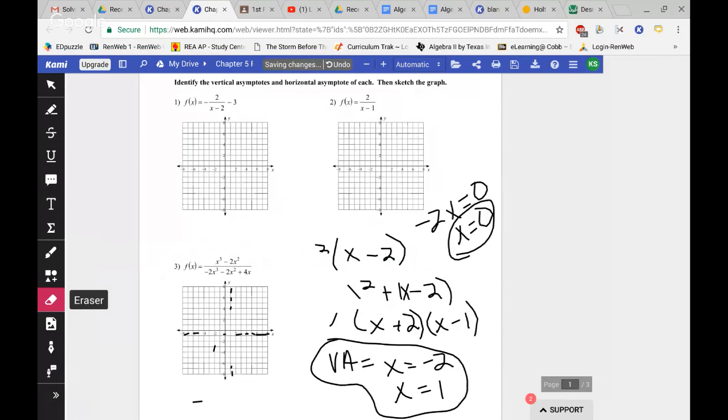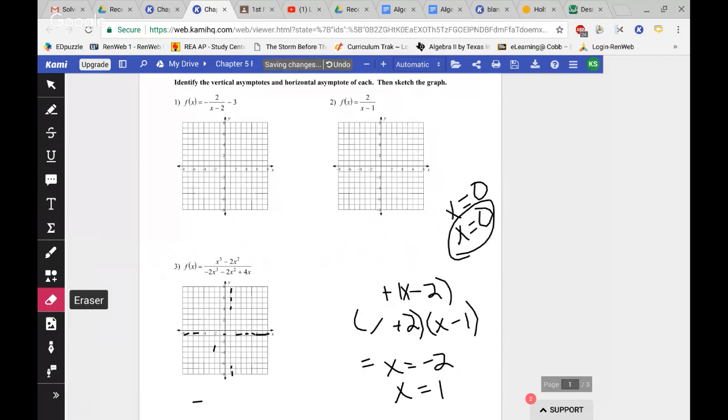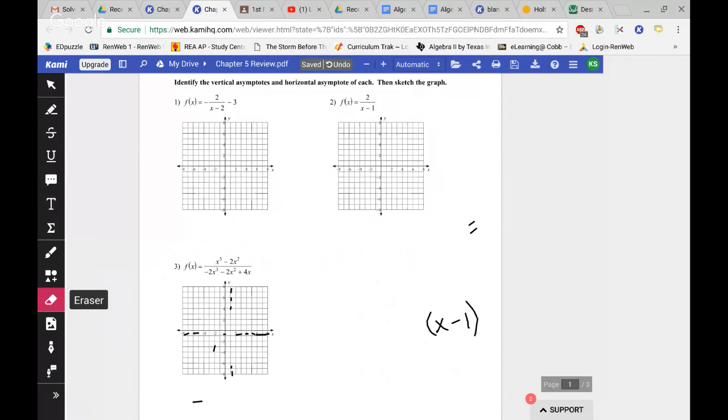They said 2. That's absolutely correct. How about the horizontal asymptote? Somebody said -3 and another person said 0. It is negative. It is -3 is correct.